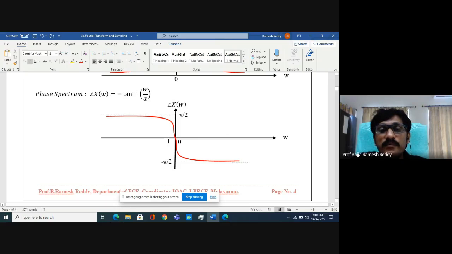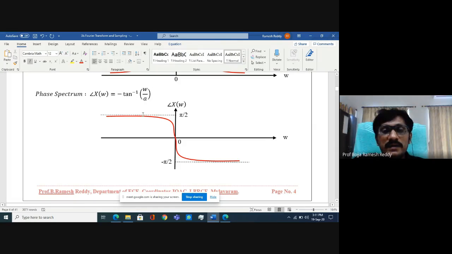And we take negative locations, like omega is equal to minus 1, minus 2, and so on. After a long time, it will become minus infinity. That is minus tan inverse of minus infinity, that is plus tan inverse of infinity, which is 90 degrees.